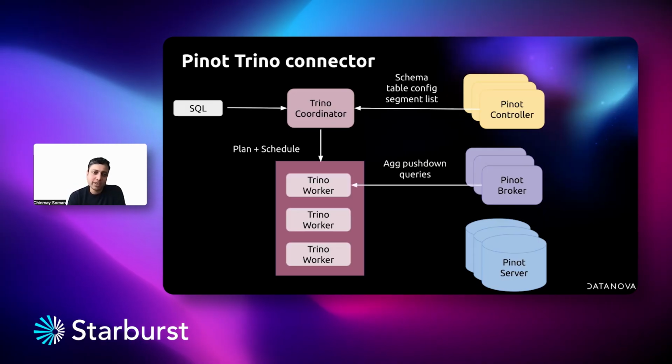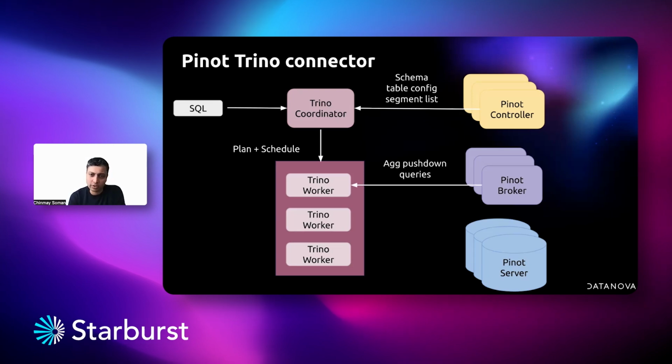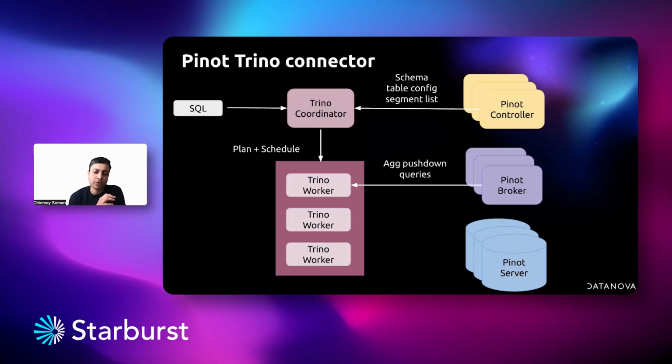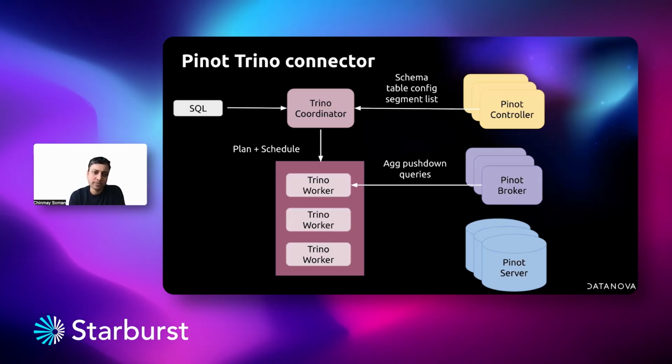If the query is an aggregation query and something that can be pushed down to Pinot, the Trino worker will actually send it to one of the Pinot brokers for query execution. In this case, pretty much all of the work for the query processing is handled by the Pinot broker and the corresponding Pinot servers, and only minimal work is done by Trino.